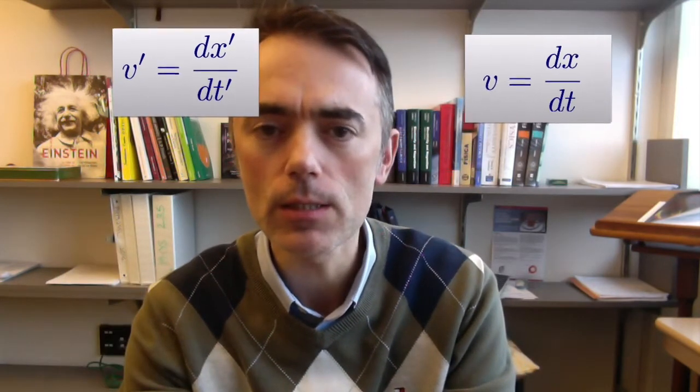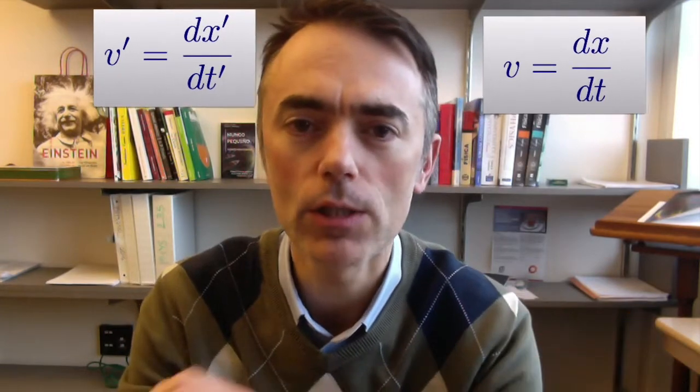So in order to derive the relationship among velocities, we go to the definition of velocity. What is the velocity of a particle moving in our reference frame? Well, that's just the derivative of the position with respect to time, dx over dt. We want to find a relationship between dx/dt and dx prime/dt prime.